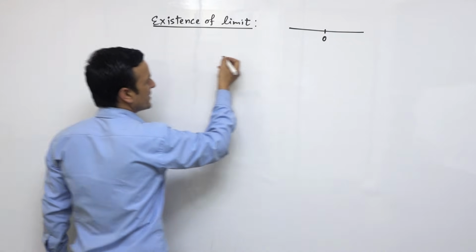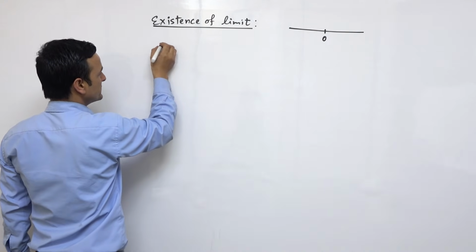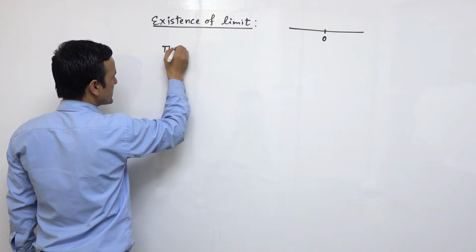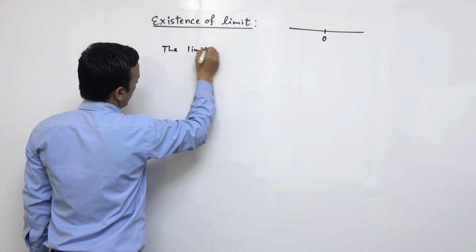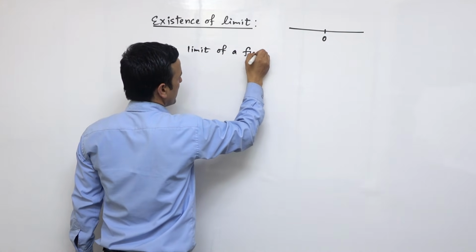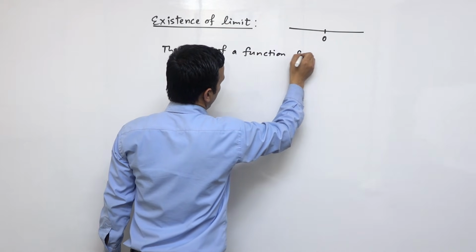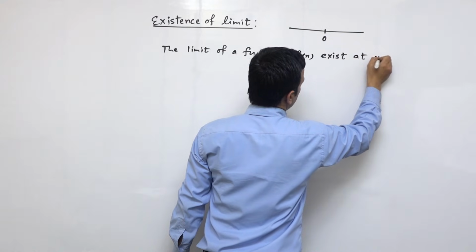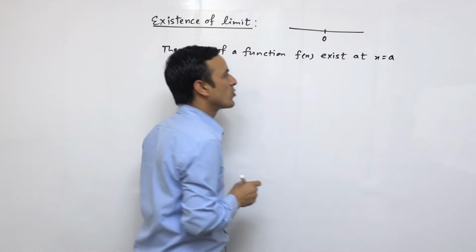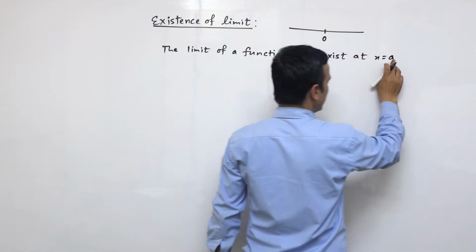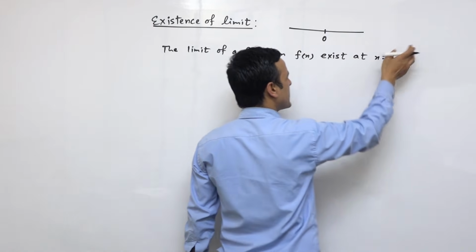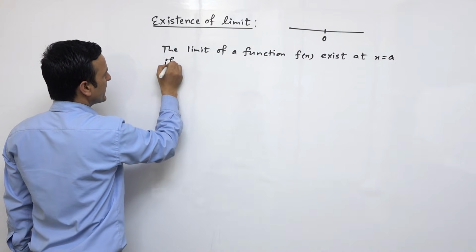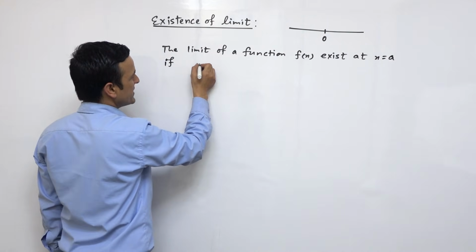So write down over here the condition. So this is the limit of a function f(x) exists at x is equal to a, an unknown point. So write down a. This a may be 0, 1, 2, minus 1, minus 2, anything, any real number, any constant value, if left hand limit is equal to right hand limit.